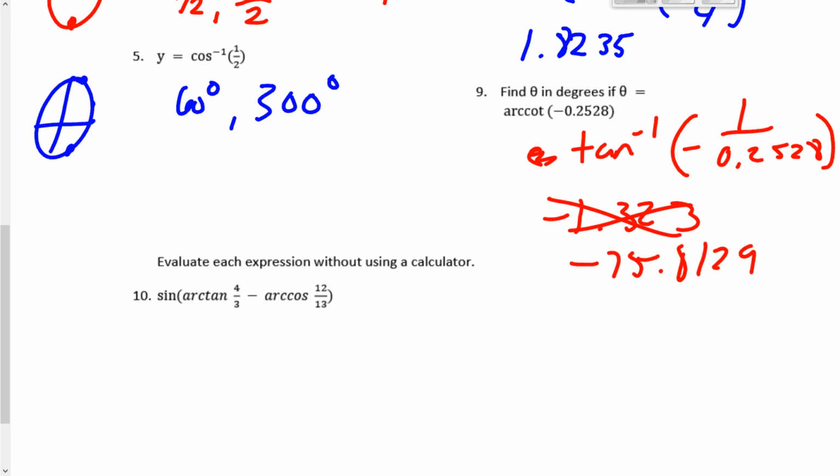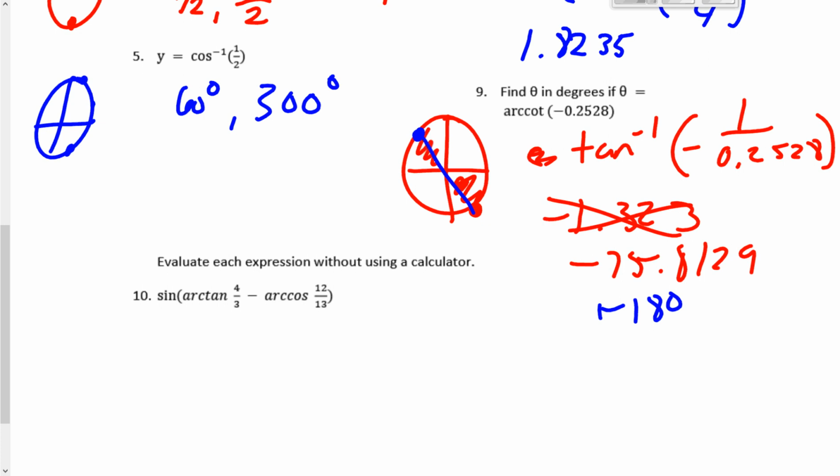-75.8129. And now, since this is negative, that means tangent is negative in these two quadrants. So right now I'm at -75, so I'm somewhere down here. Well, if I go 180 degrees, I'll get the same answer, right? So I want to add 180 to this, and that's going to give me one of the answers.